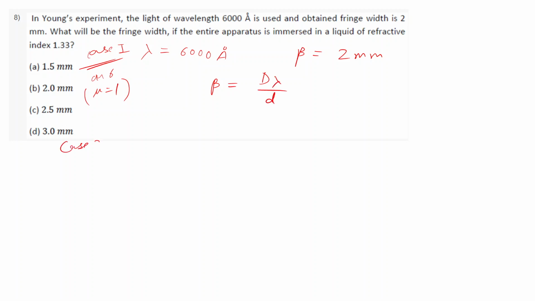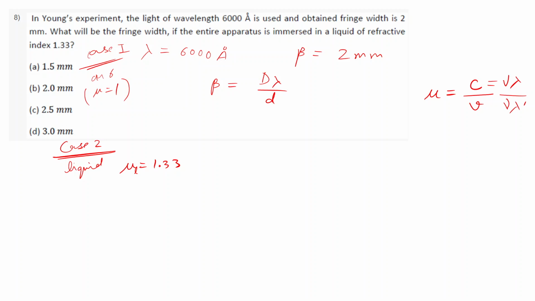Now for case 2, what is happening is we are immersing this whole thing in a liquid which has refractive index of 1.33. Now we know that refractive index is the ratio of speed of light in vacuum to speed of light in the medium. That means frequency, we know, remains the same because it's a property of the source. Frequency will remain the same, but in that particular medium, the wavelength changes, right?